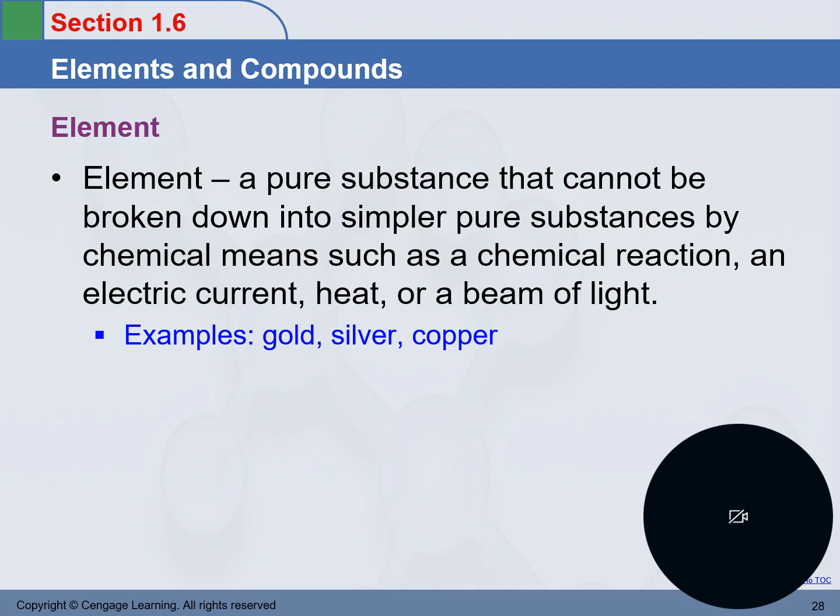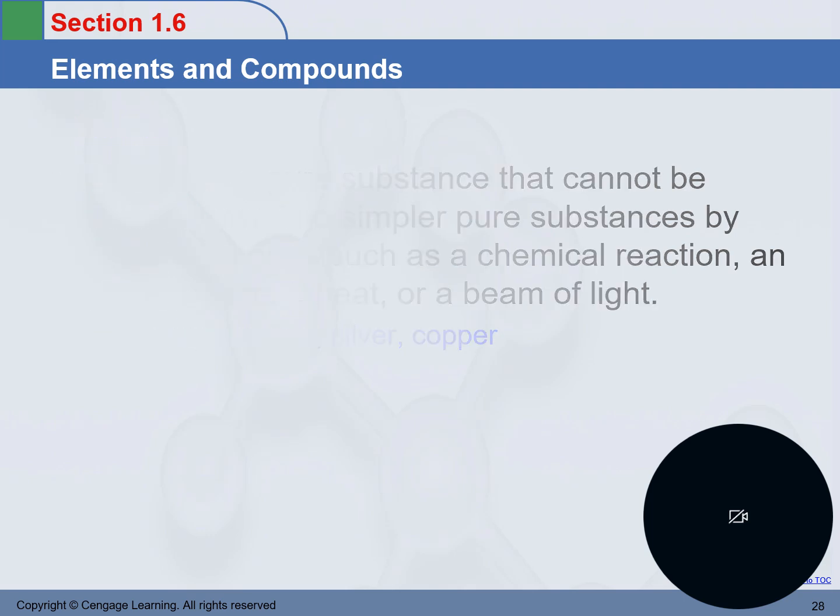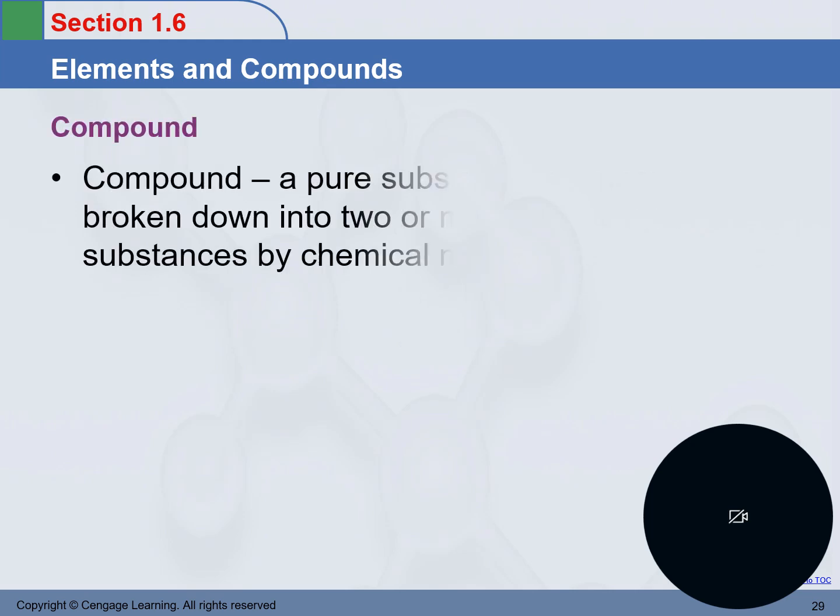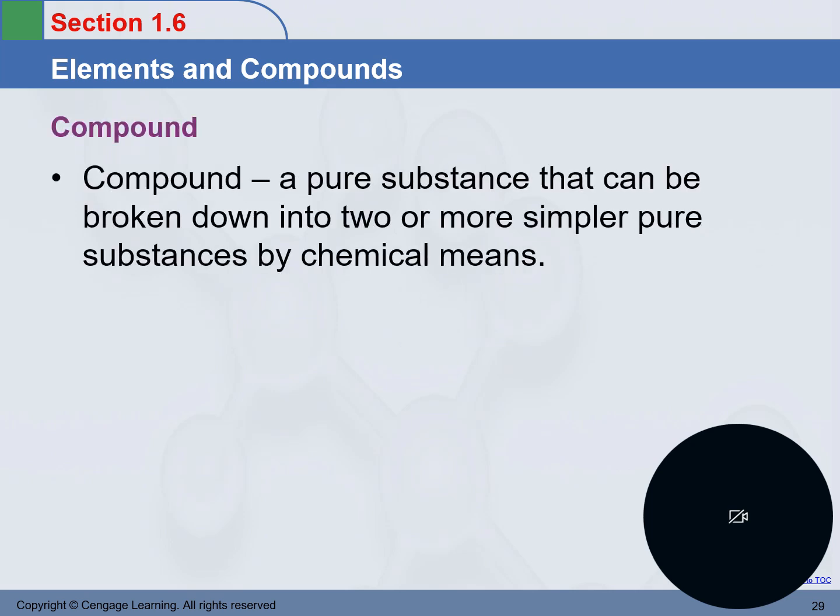Here's a couple examples: gold, silver, copper. A compound is a pure substance that can be broken down into simpler substances, and they're going to have completely different properties than the original substance has.